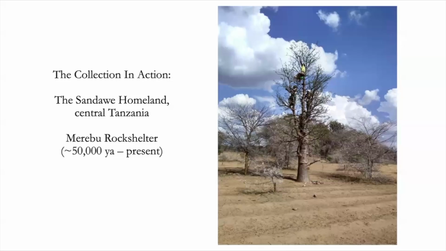But one of the interesting things about that site is it has some really old ostrich eggshell beads, which are interesting to archaeologists for all sorts of reasons that I don't need to go into now.